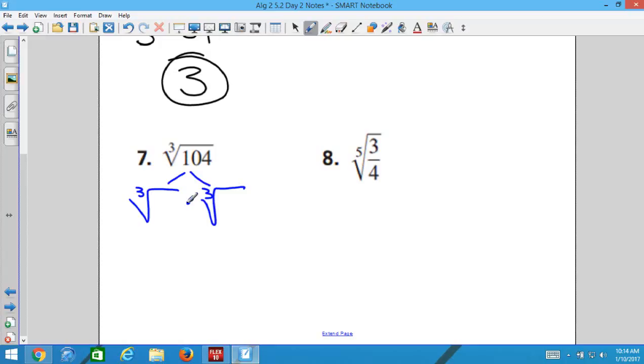It has to be a perfect cube. What did you write down, Colin, right above it? 8. Yeah. The cube root of 8 and the cube root of 13. Once you've divided 104 into 8 times 13, that's when you take the cube root of 8 and get 2. So it's 2 times the cube root of 13.